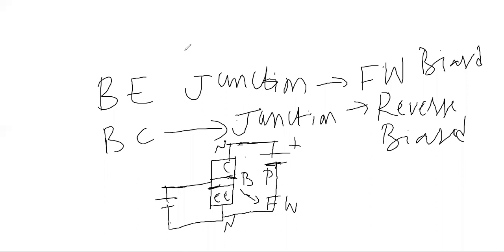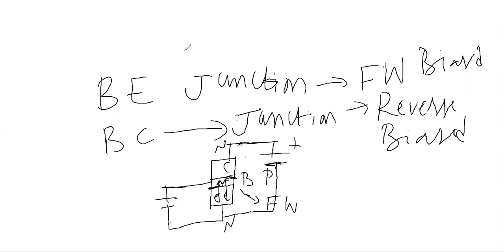Since the base emitter junction is forward biased, mostly electrons pass through this very thin base region and are collected by the collector because the collector has reverse voltage.